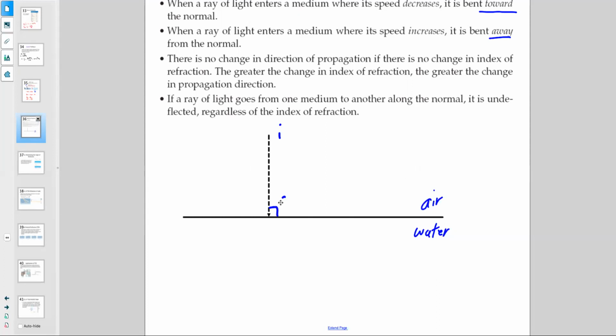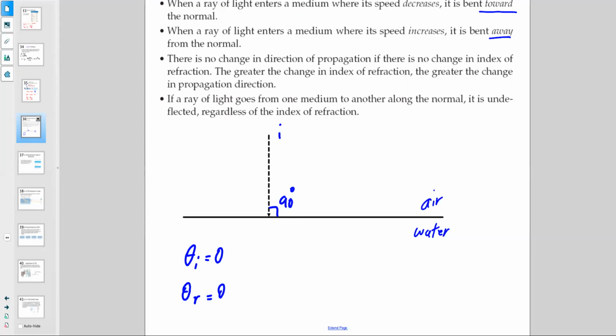In other words, it is at an angle of 90 degrees with respect to the surface. Or in other words, theta I is 0, so theta of refracted is 0. Meaning that nothing is going to happen to it. It'll just go all the way through without any problem.